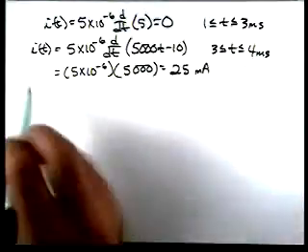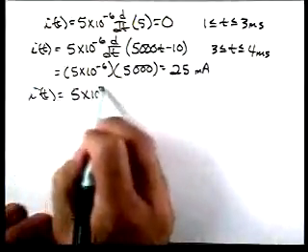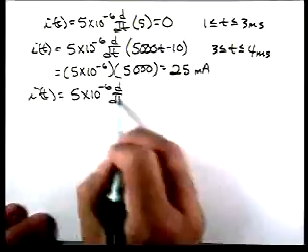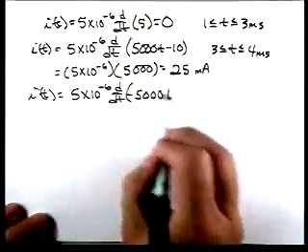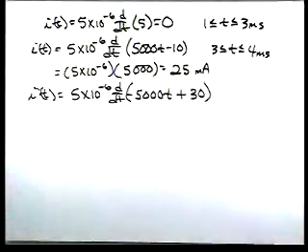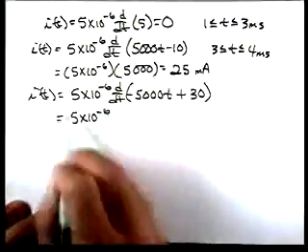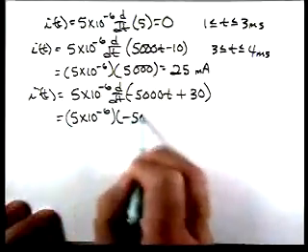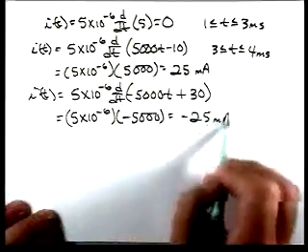The next interval, we have 5 times 10 to the minus 6 times minus 5,000, so now it's minus 25 milliamps.